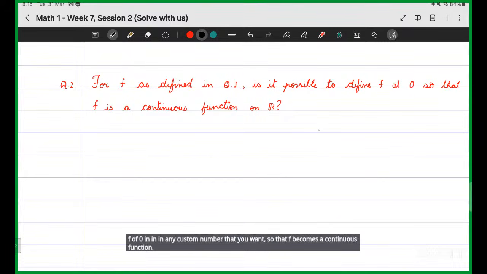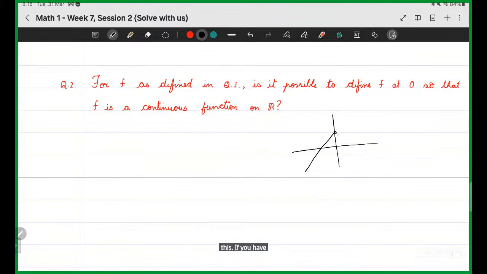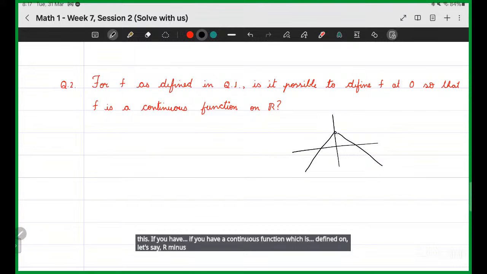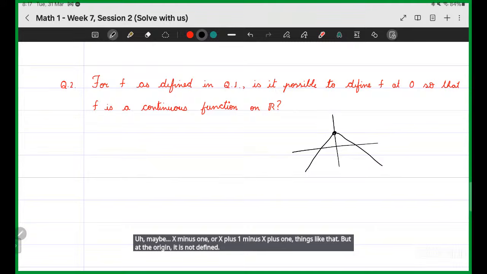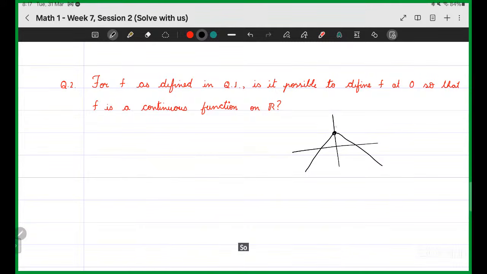Take, for example, any discontinuous function which has a jump. If you have a continuous function which is defined on, let's say, R minus 0, maybe x minus 1 or x plus 1, things like that, but at the origin, it is not defined, there is a way to define it at the origin so that it's a continuous function, right?